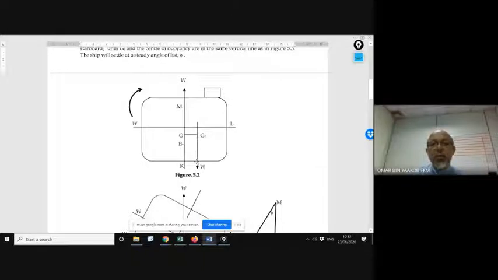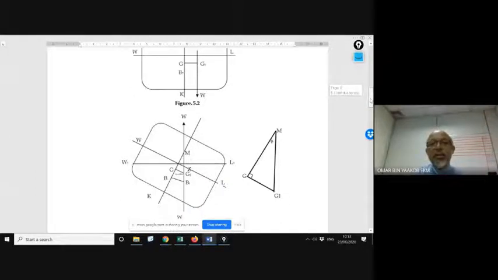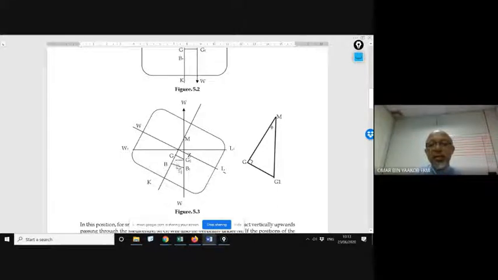But then G is here. So the weight is pushing down here, and the buoyancy is still pushing up here initially. Because of that, there'll be a clockwise moment rotating the ship so that it becomes like this, so that the center of buoyancy will go underneath G1, which is the shifted center of gravity, the new center of gravity, so that the buoyancy force delta here will be the same as the weight pushing down.